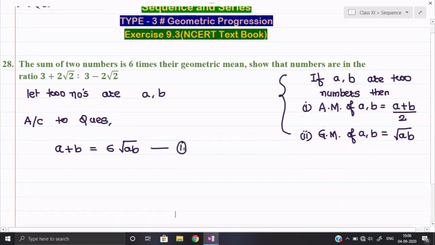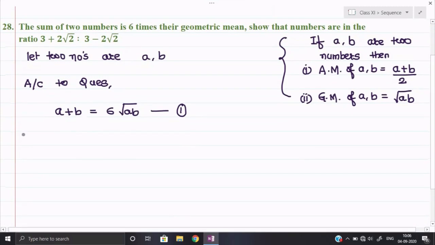Now here I will apply one formula. We know that (a minus b) whole power 2 is equal to (a plus b) whole power 2 minus 4ab. You must have covered this formula last year in quadratic equations, when dealing with the roots of a quadratic equation.